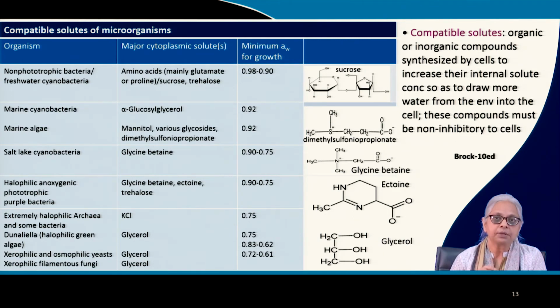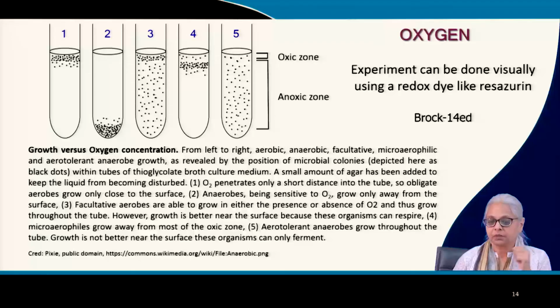So these compounds have to be non-inhibitory to the cells, obviously, otherwise they won't be able to survive. So we have cyanobacteria, algae, bacteria, archaeobacteria, yeast, fungi. All of them are capable of creating these types of solutes.